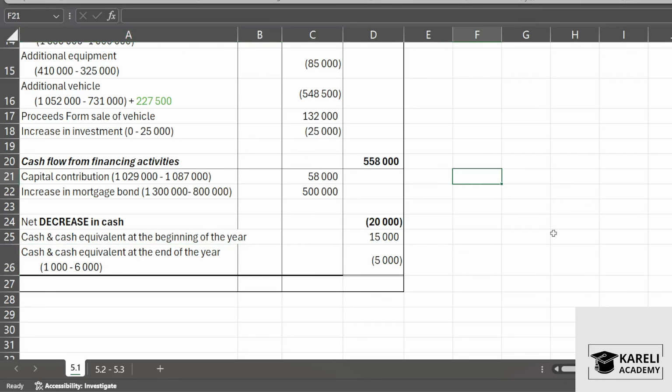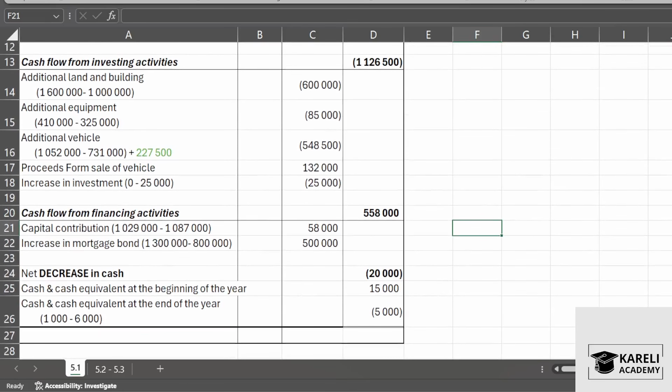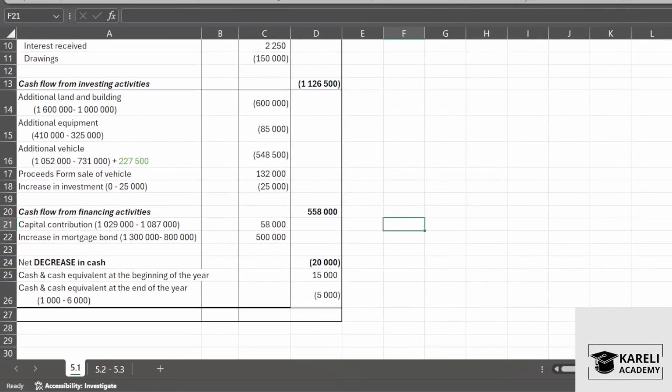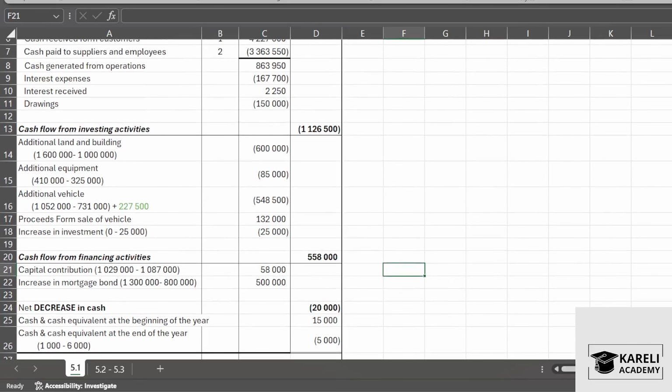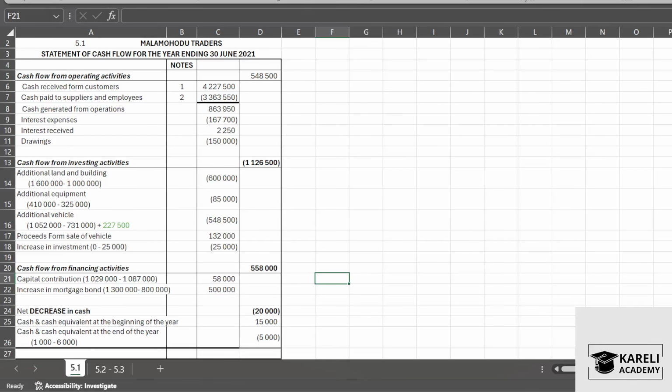And guys, with that being said, this is the end of our question paper. We are done. We just want to view all the amounts so that we can check. I hope they will be visible enough. I think they are visible enough. Here is your cash flow statement from the beginning.